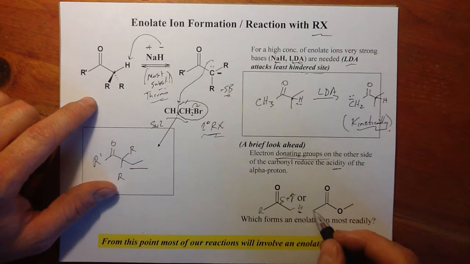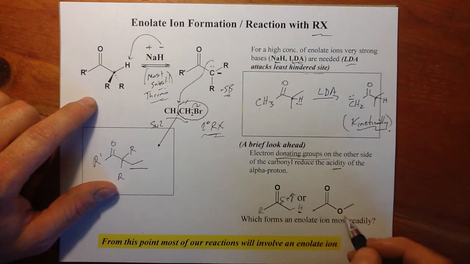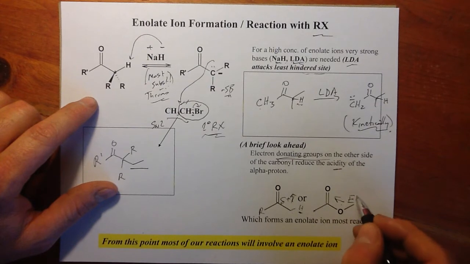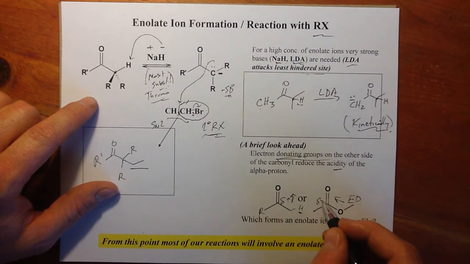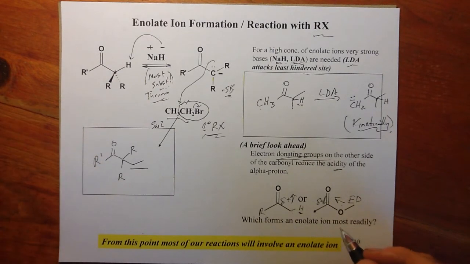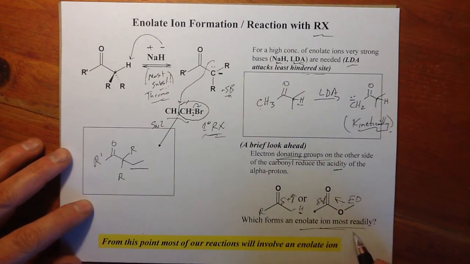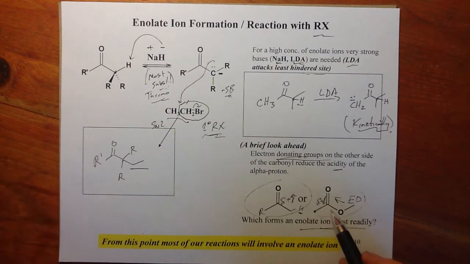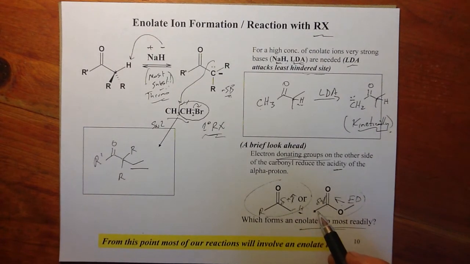But if we have an alpha proton on this side and an electron donating group, this was just an alkyl group, the partial positive charge here decreases, and the acidity of those alpha protons decreases. So which enolate ion forms most readily? That from the ketone. That from the ester would not form as readily because the carbon in the carbonyl is less partially positive. Therefore, the alpha proton at this position is less acidic.